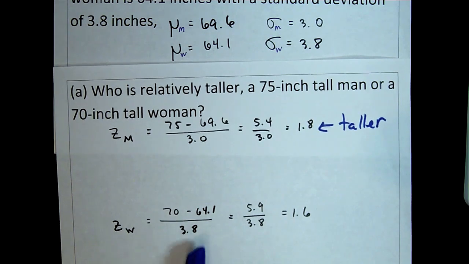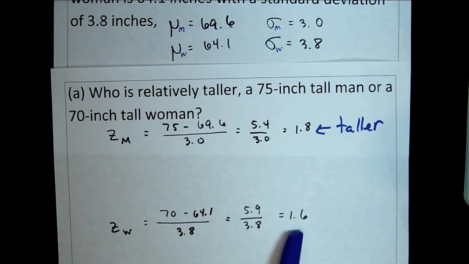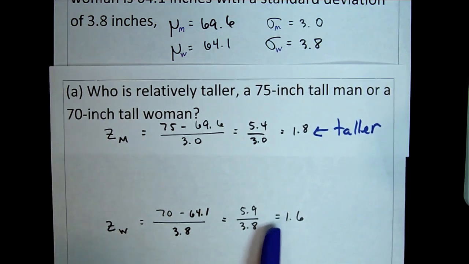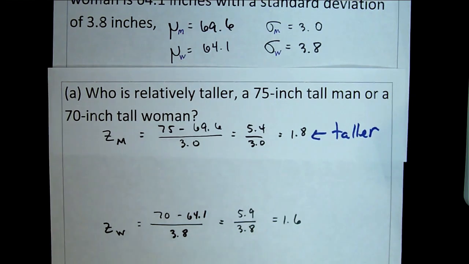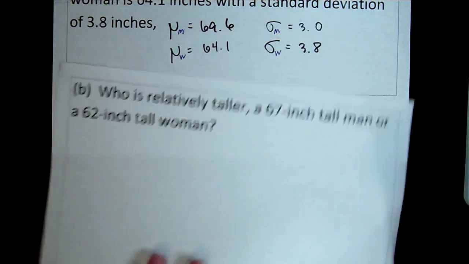Because of that spread, it turns out there are proportionately more women that are taller than she is than there are men that are taller than he is, even though her difference from the average is bigger. Okay, part B.